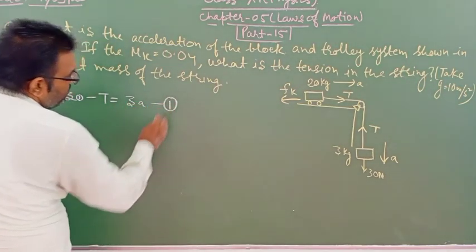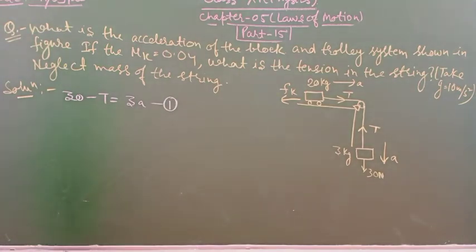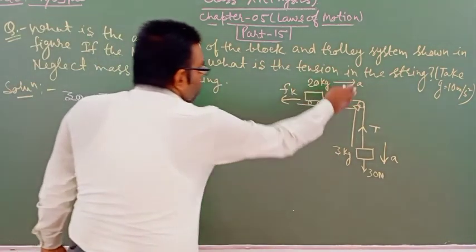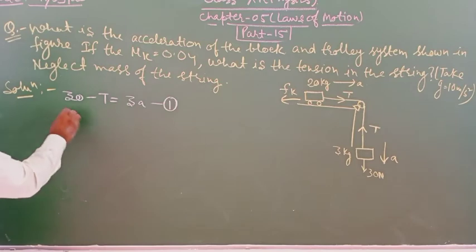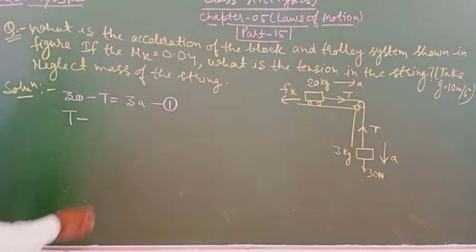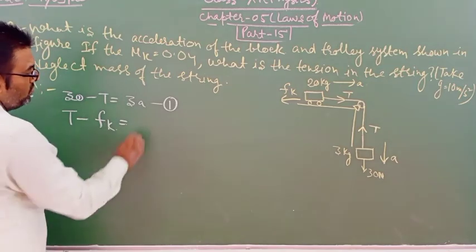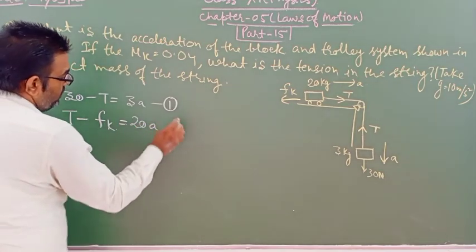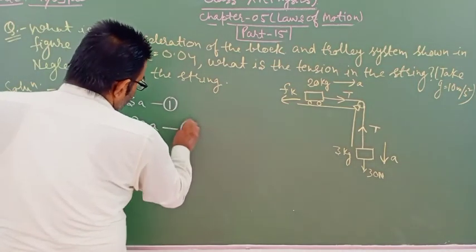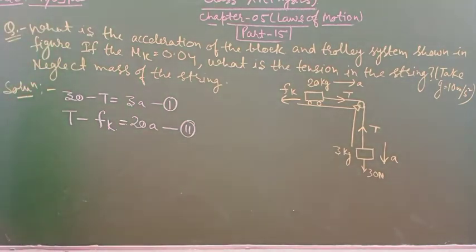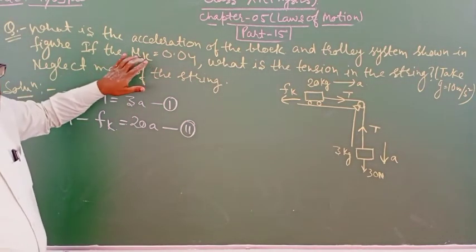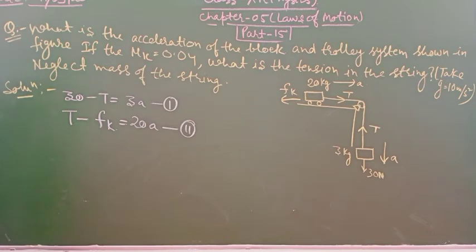This is equation number 1. And since the body is accelerating in this direction, we can write T minus Fk is equal to 20 into a. This is equation 2. But in the question, the value of mu k is given, the value of Fk is not given. So we find the value of Fk here.